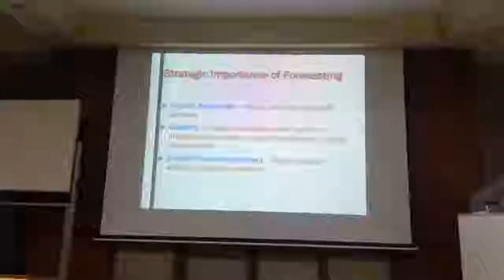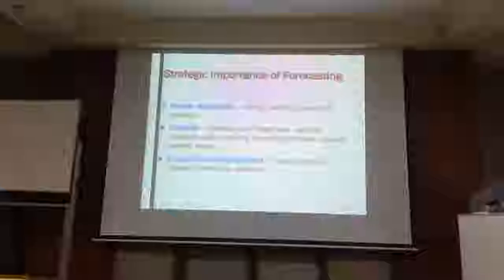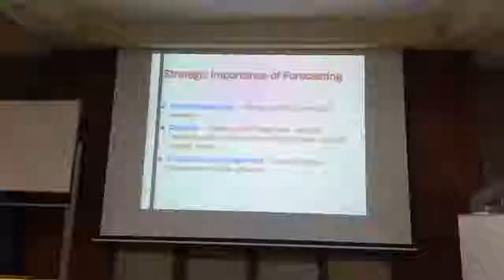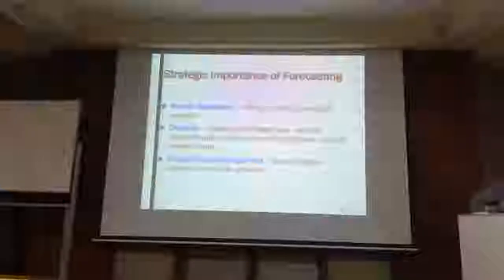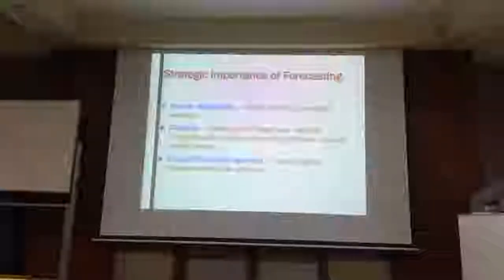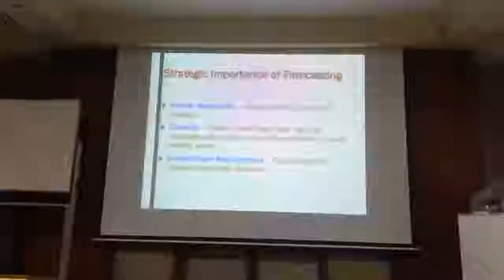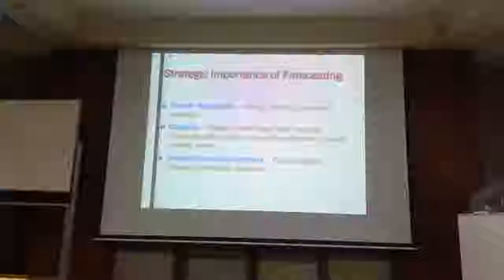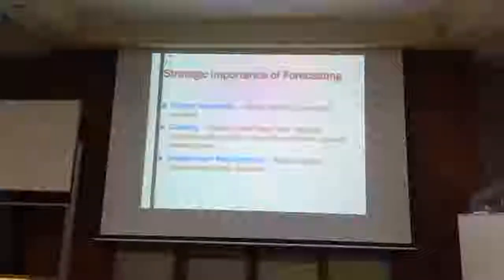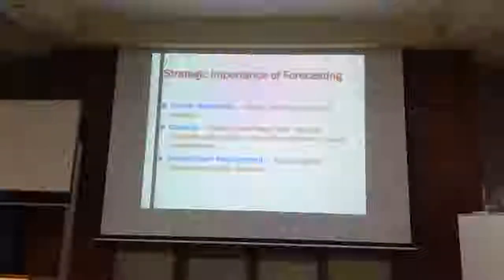And for sure, forecasting helps you a lot when you try to formulate the strategy, right? For example, the capacity. Capacity is quite important in terms of OM. Right? Our objective is to have enough capacity or more capacity than the demand that is going to happen. So if you have no idea about the demand, you don't know how you can plan for the capacity.